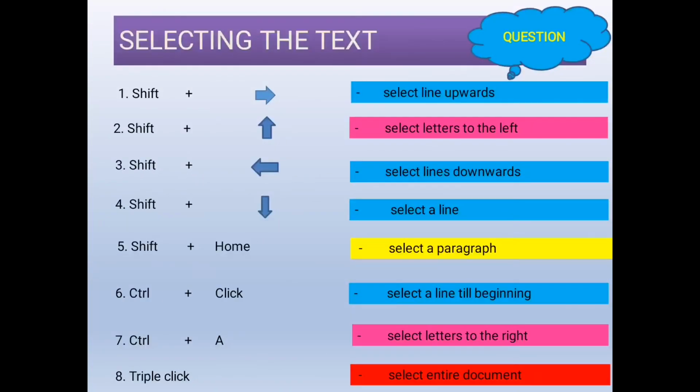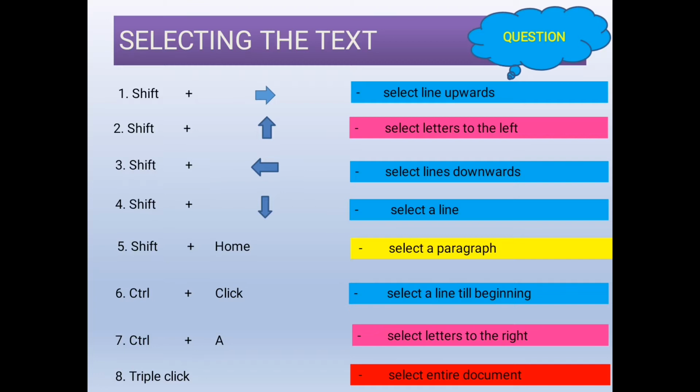Next is selecting the text. Here we discussed 7 types of selection, which are used to select the text before we delete, copy or paste the text. For that we are using this selection command. The selection is used to delete, cut, copy and paste. We call these 4 options edit options.